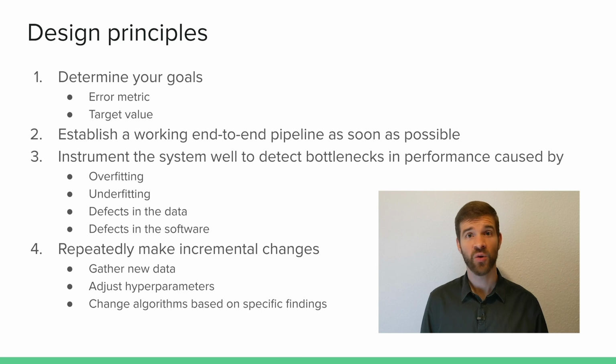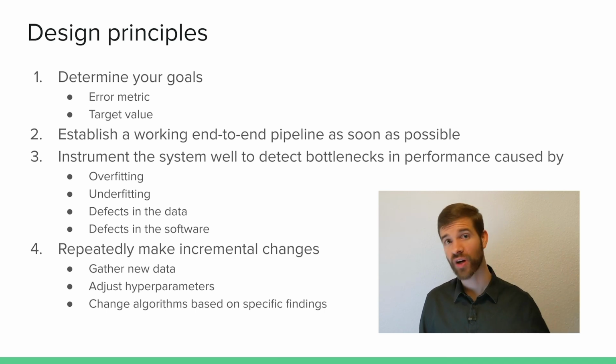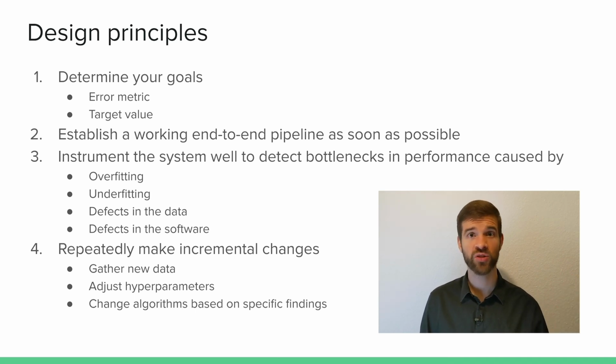The second thing, once you know what your problem is, what you want to work on, and what the error metric is, try to establish an end-to-end pipeline as soon as possible. Try to do something where you can quickly take some data, run it through your neural network, train on it, and have something where you can predict something at the end, to make sure you can verify that you're doing the right thing.